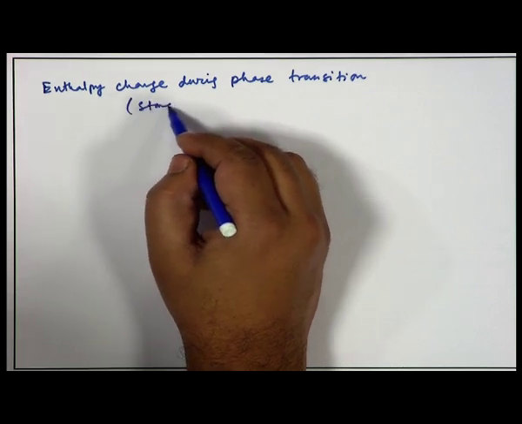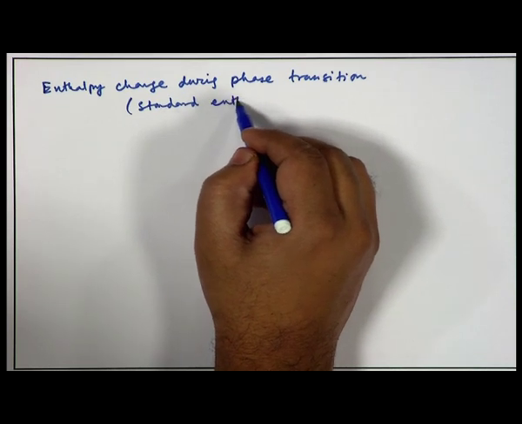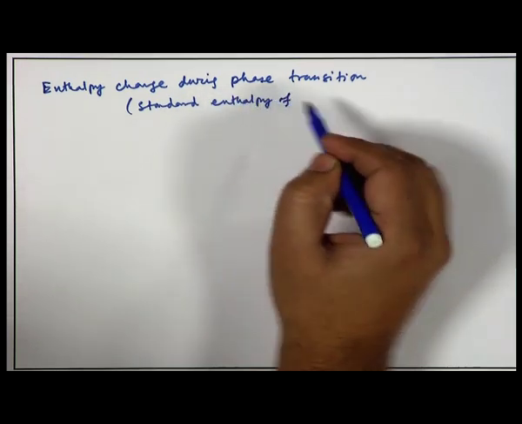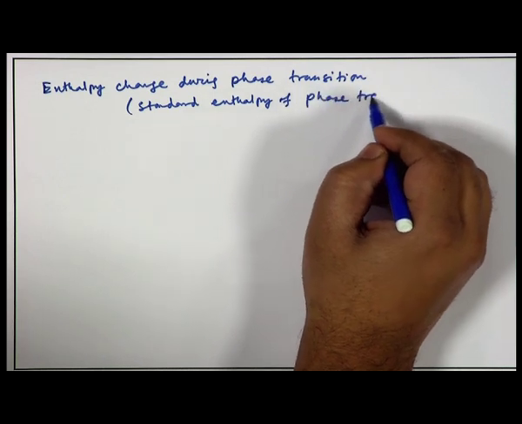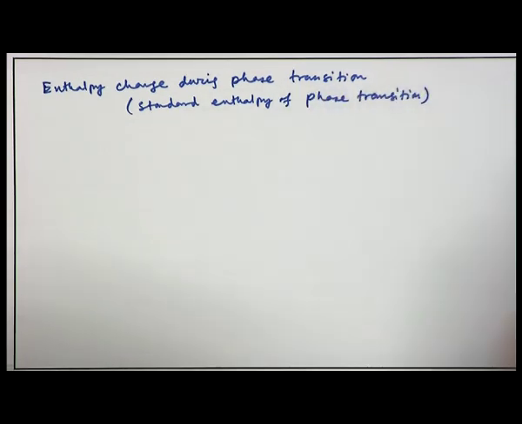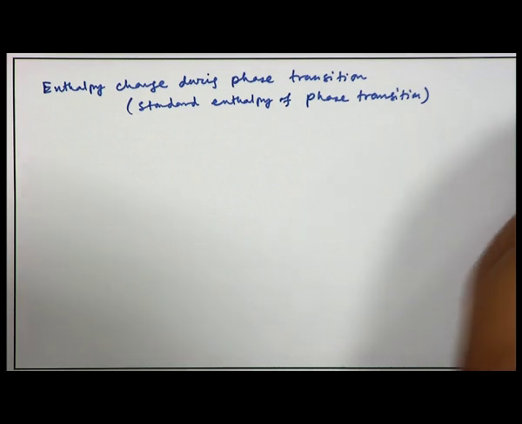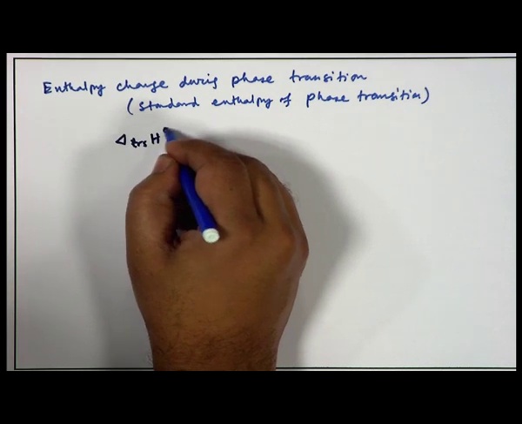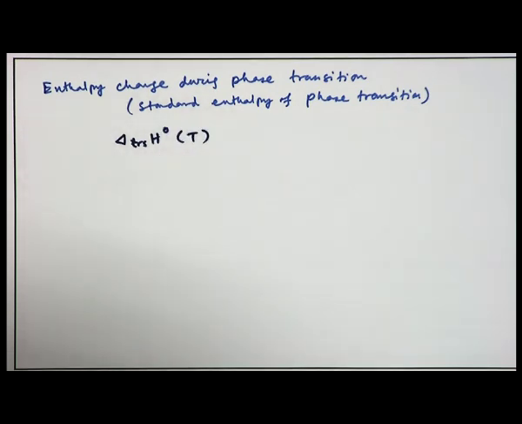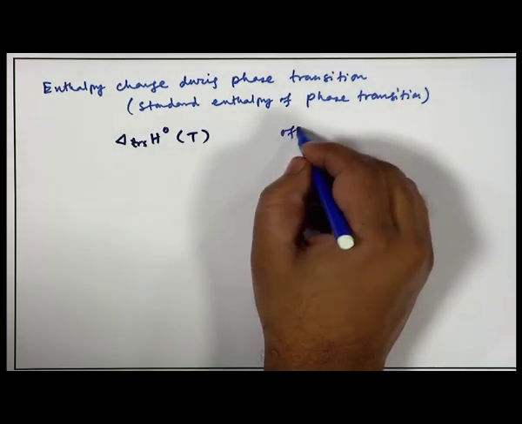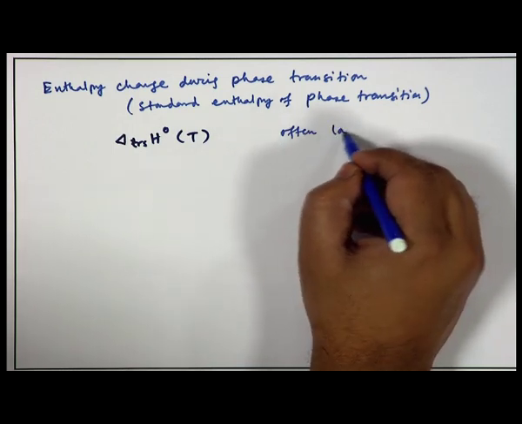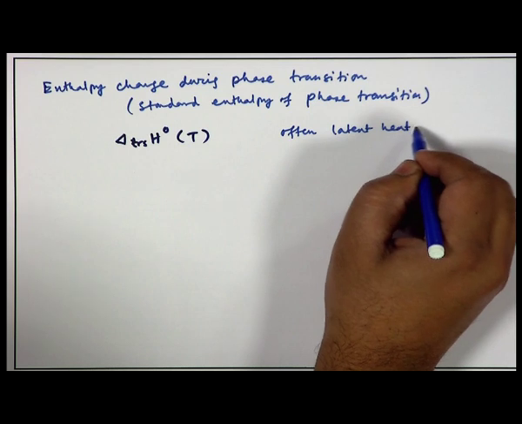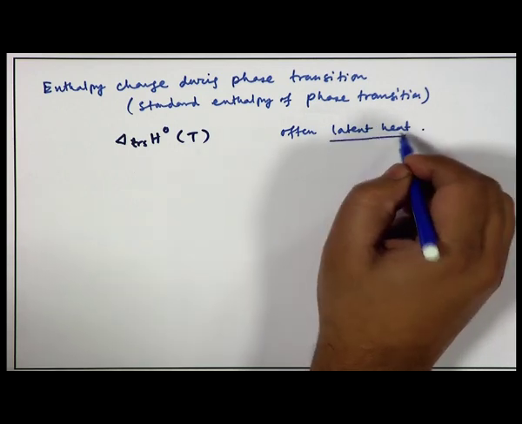It is also sometimes called standard enthalpy of phase transition. And the symbol is, obviously it is always associated with a particular temperature. This is often called latent heat.